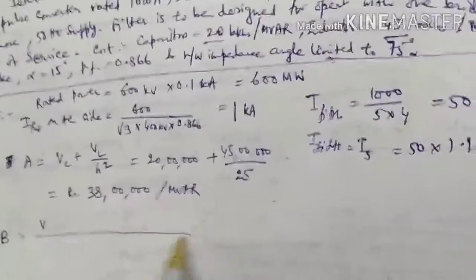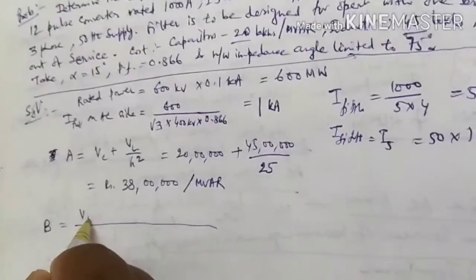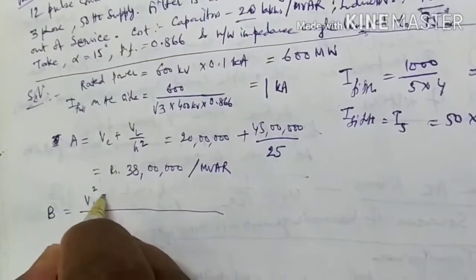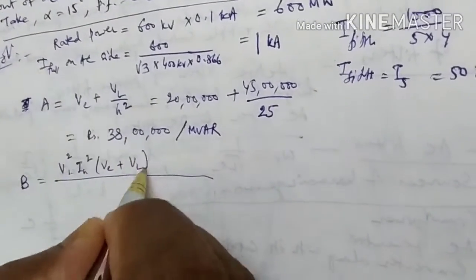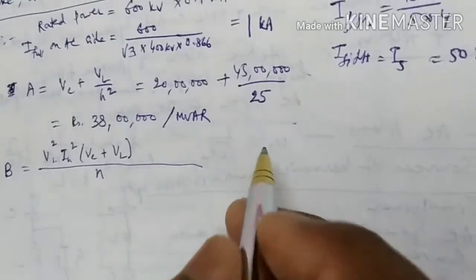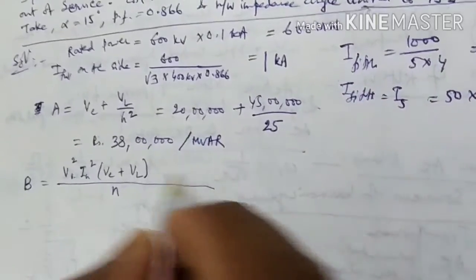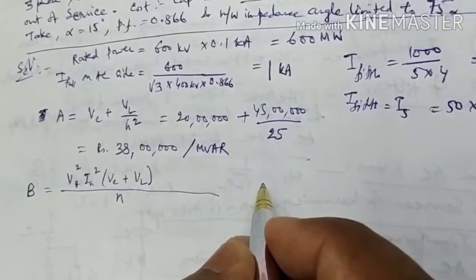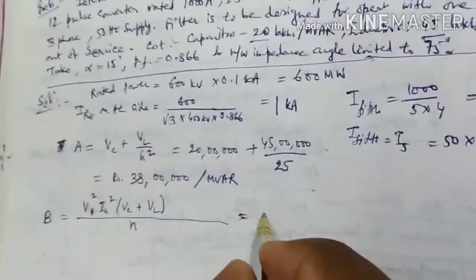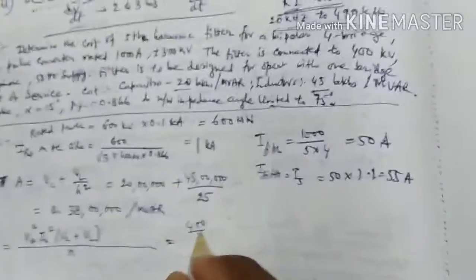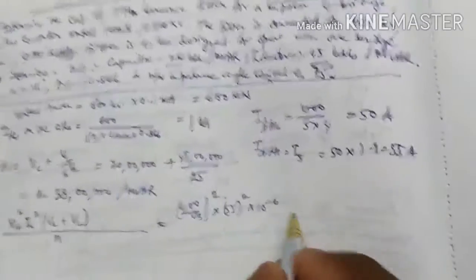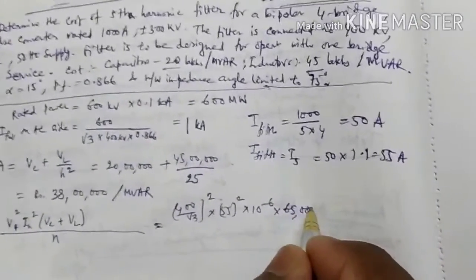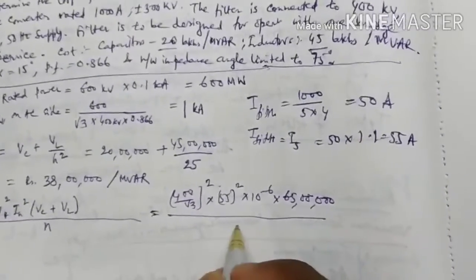And calculating B, that will be equal to VL square into IH square into VC plus VL by N. So V1, that is 400 by root 3 whole square into 55 whole square into 10 to the power minus 6 into 65 lakh divided by 5.